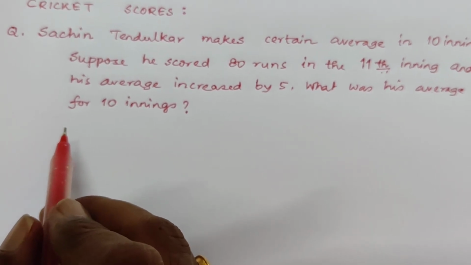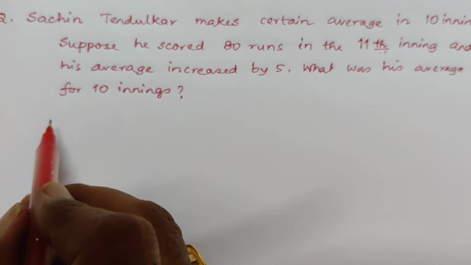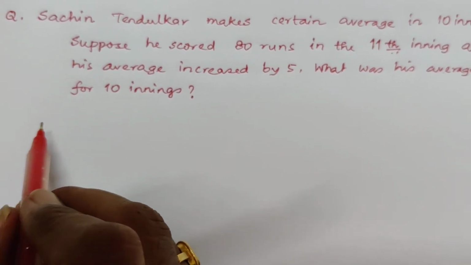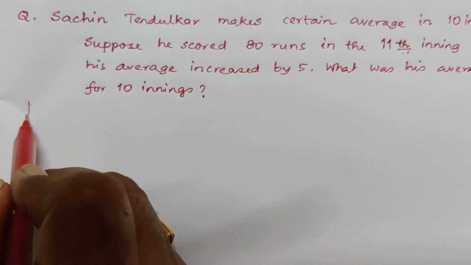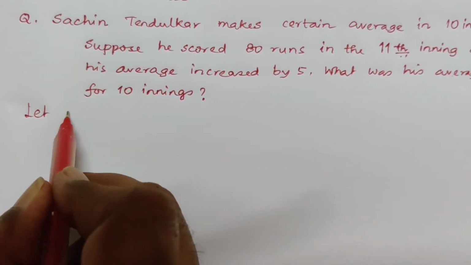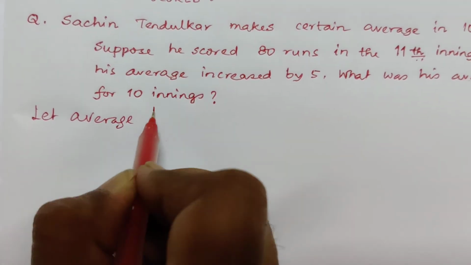Now here, if we follow the traditional method, since we don't know the average, let the average for 10 innings be x.